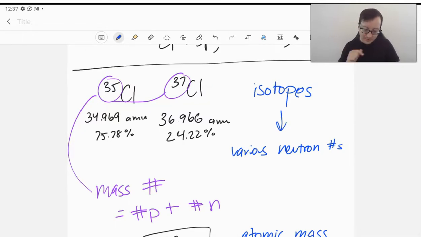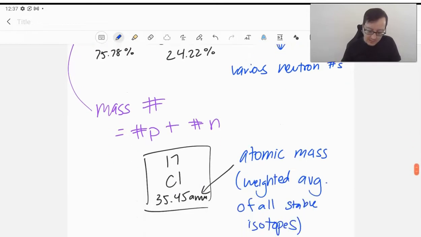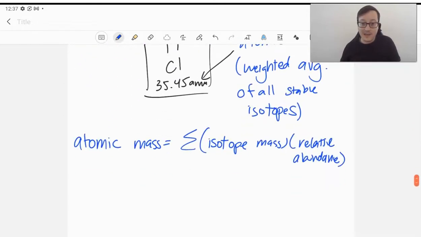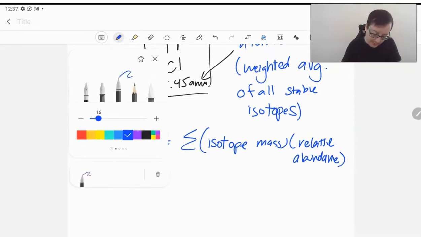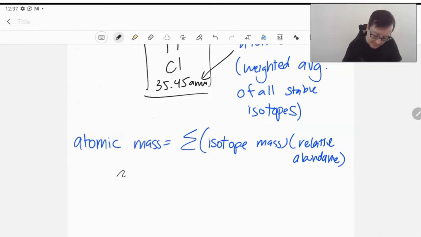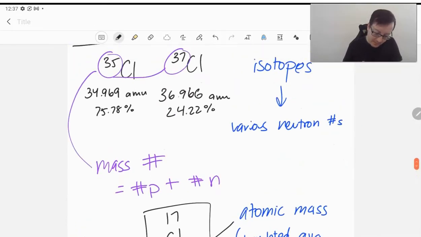But for right now, we just need to worry about this abundance and the isotope mass. And so it's somewhat of a trivial exercise, but we can do it. If we wanted to figure out where this atomic mass came from, we would just need to add up the products of the isotope mass and their abundance. So for this chlorine business, let me just copy these numbers here.